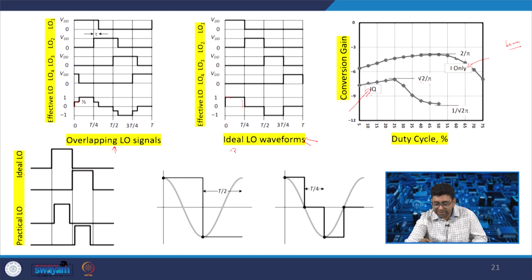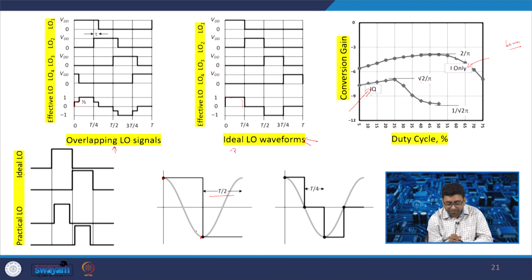So, this is how the duty cycle affects the conversion gain for a passive mixer. The overall consideration is that we want to make the square wave mimic a sine wave more closely. Let us say we consider T by 2, only the 50% duty cycle, then we are considering only 2 points of the sine.